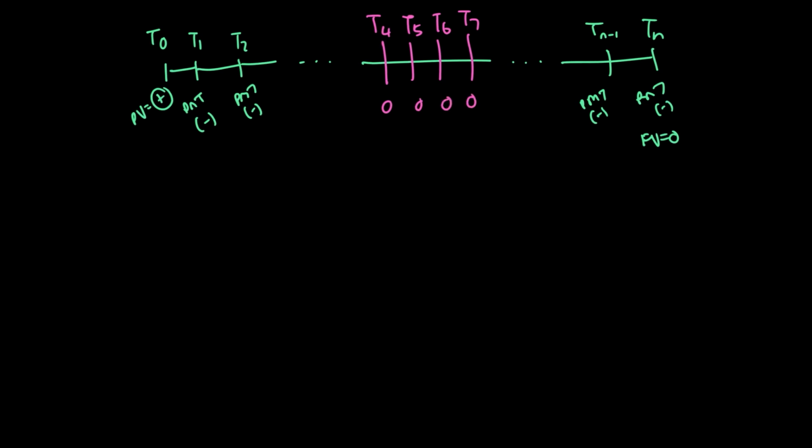Now what we're going to do is try and make up these missed payments by changing how much we're going to pay from here onwards. So we're going to have a new payment amount. I'm just going to call it PMT2. So instead of this PMT, we're going to change it to PMT2. So it's a new value that we're going to use here to pay off our loan.